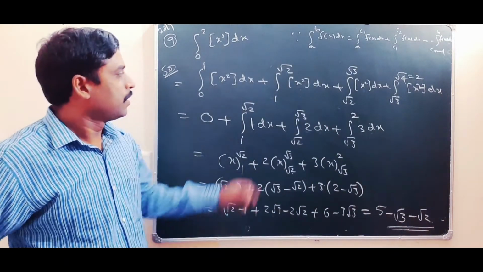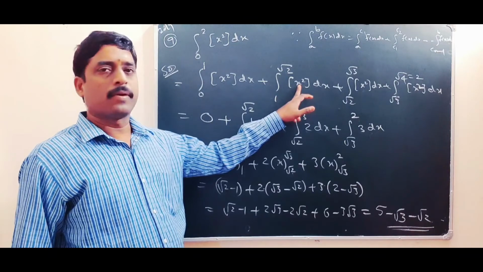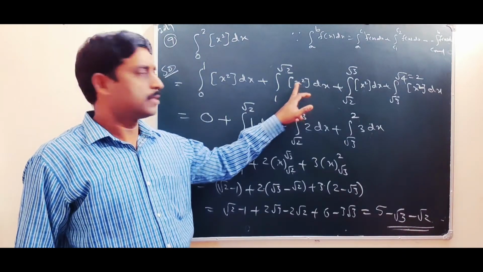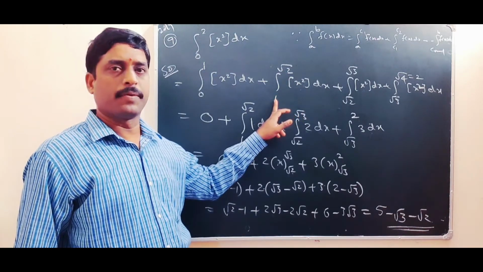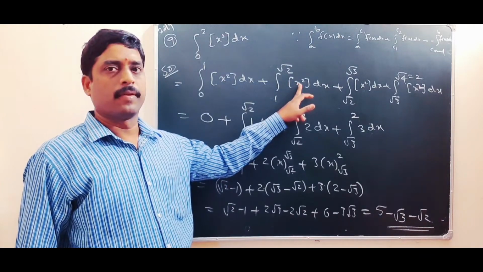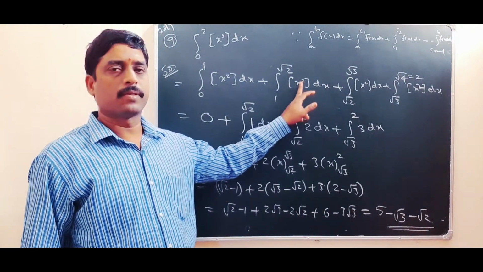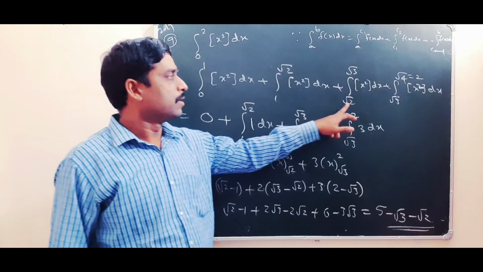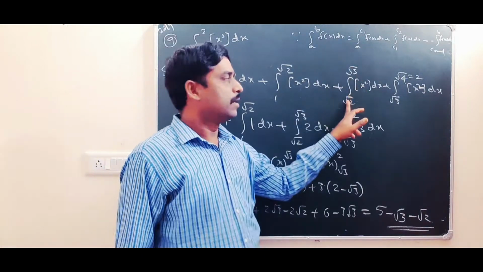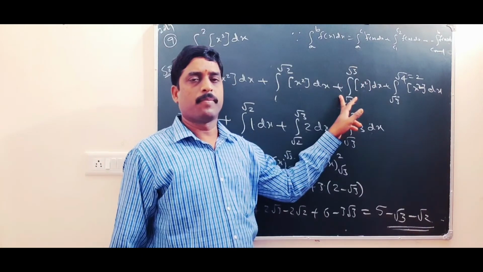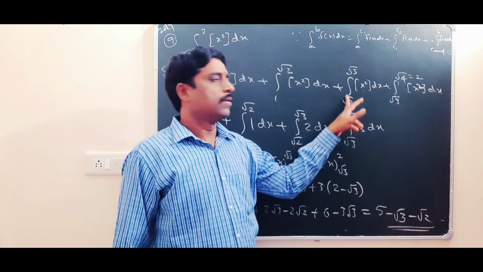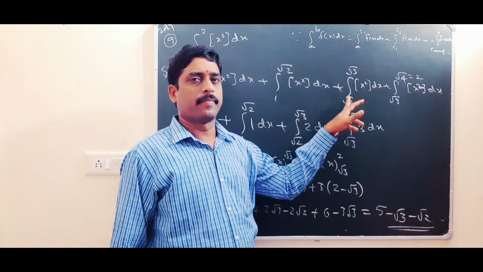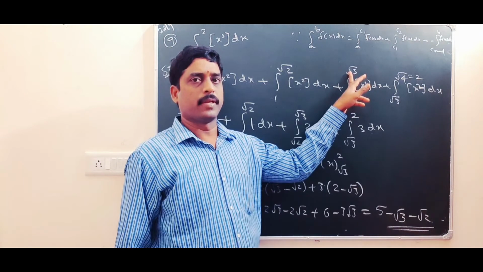Okay, let me repeat. In between 1 to root 2, the integral part of x square value is 1. Let us take x value 1.2, 1.2 whole square, the integral part is 1. In between root 2 to root 3, let us take any number. Root 2 value is 1.414, let us take 1.5. Root 3 value is 1.732.